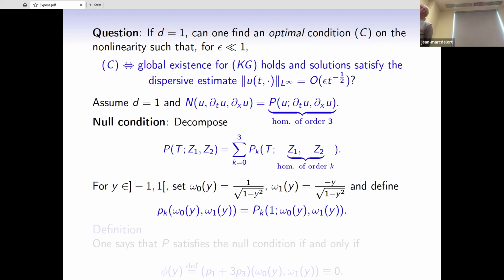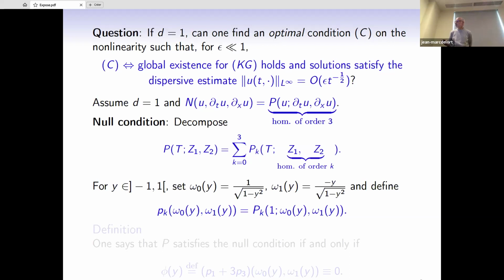And omega 1 of y is the ∂x derivative. And so we plug actually the derivatives of the phase of oscillation of linear solutions inside these Pk to form a new function, small pk, which is a function of y in the interval (−1, 1).